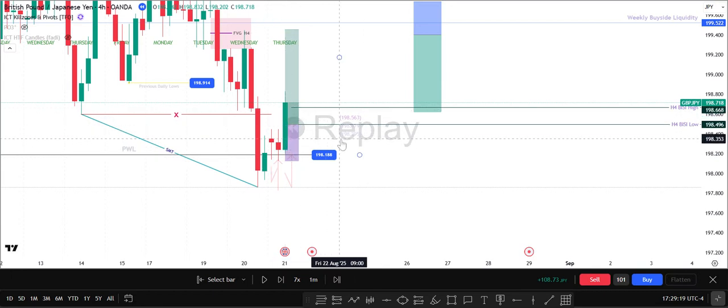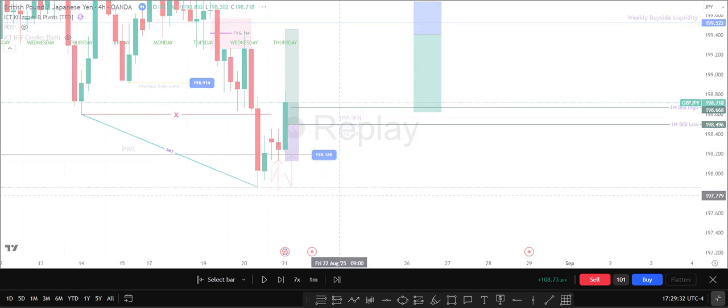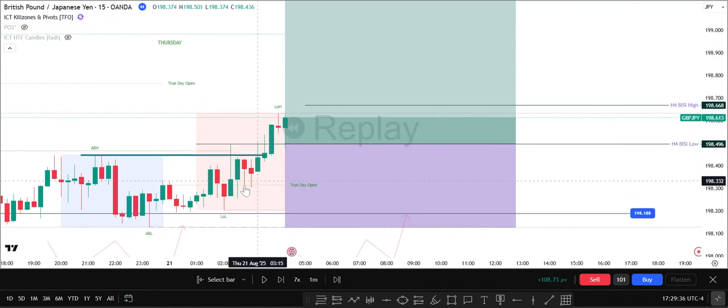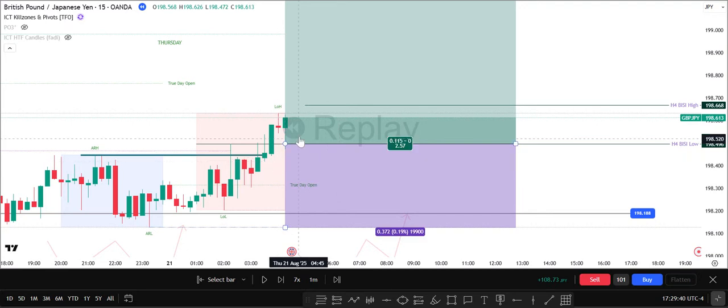Why? Well, because this is an order block. If price retraces back to here, it will make an order block. So it's a down close candle. So go back to the 15. You see now the stop, and you see below that order block is exactly at the Asian range low.